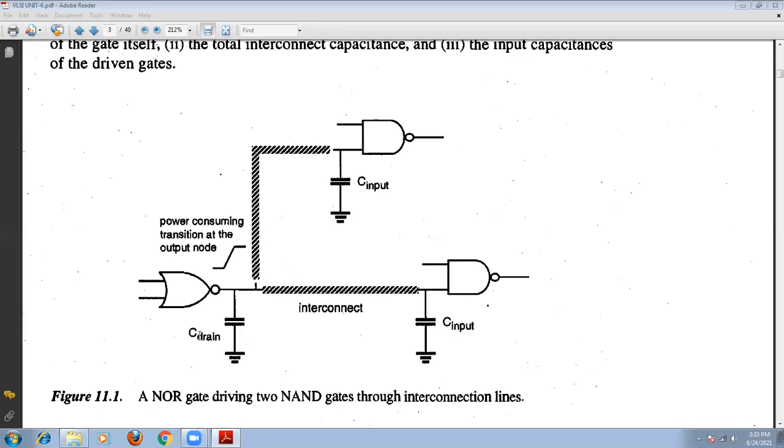The first component is this one, and the second component is the interconnection capacitance. This depends upon the parasitic interconnection components. This interconnect capacitance becomes the most important component compared to the transistor related capacitances.